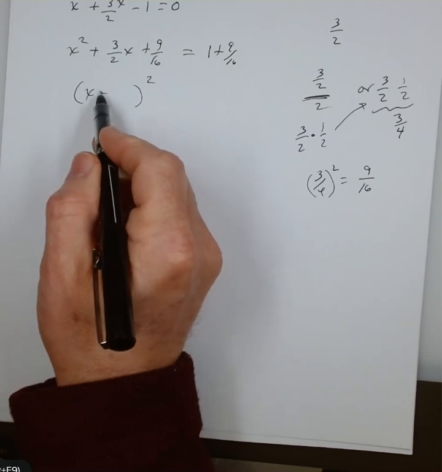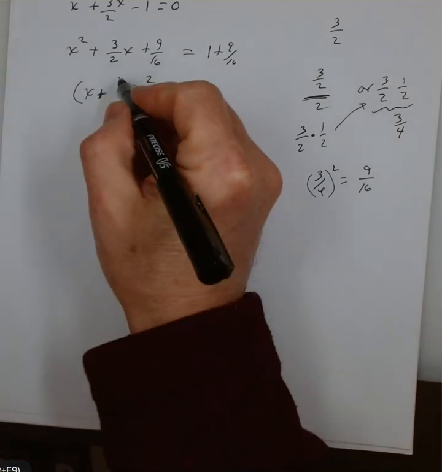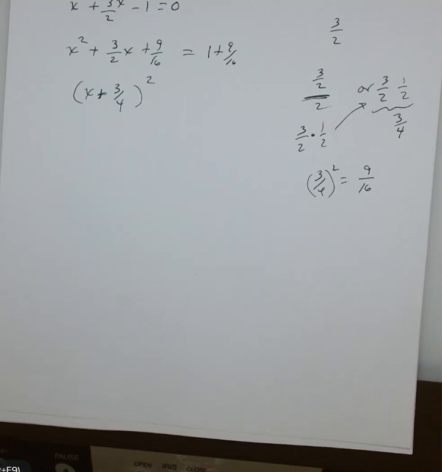X plus. All right, now, that number should be easy. What times itself is 9? 3. What times itself is 16? 4. So it's always going to be this right here. It's always that. So that's going to be 3/4. So x plus 3/4 times x plus 3/4.